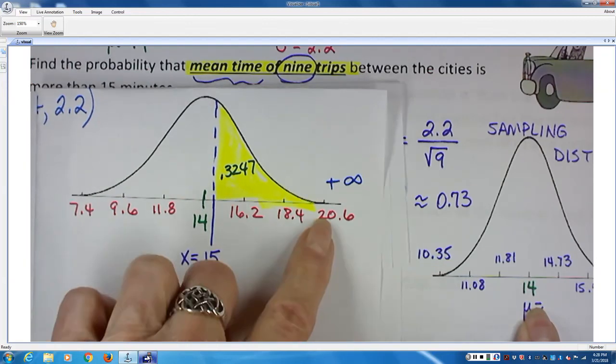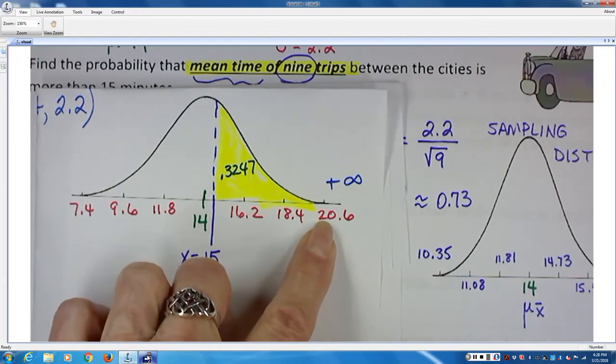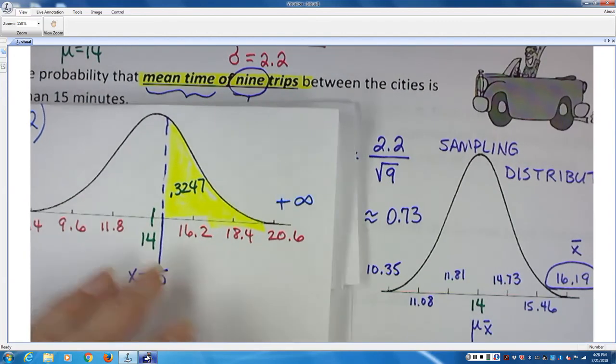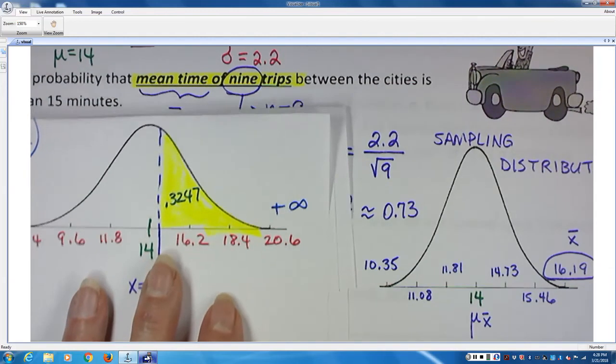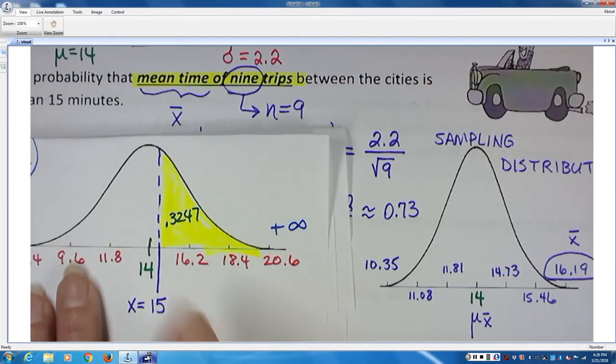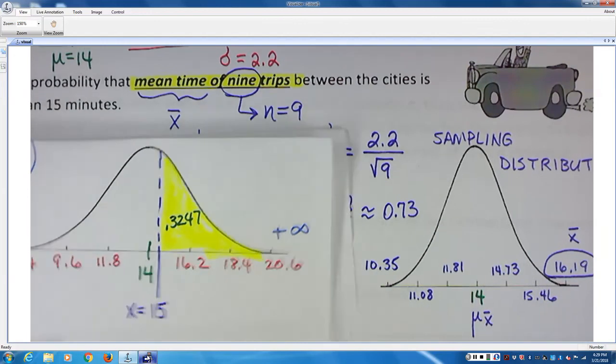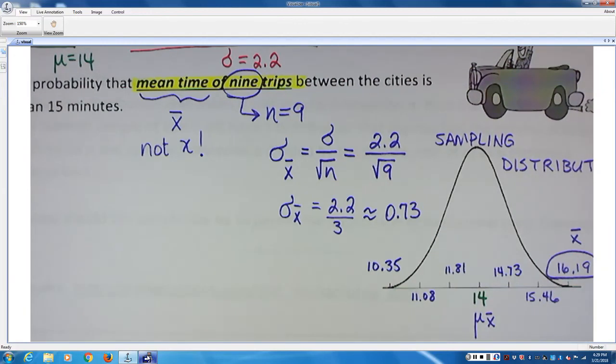But the top value here is 20.6, here it's only 16.19. Okay? The difference between these two curves, and you can see it visually here, is that the population curve is shorter and more spread out. This one is taller and skinnier because we're using sampling distributions. So sampling distributions are always going to be taller, skinnier normal curves. Okay, they're not going to be as wide.